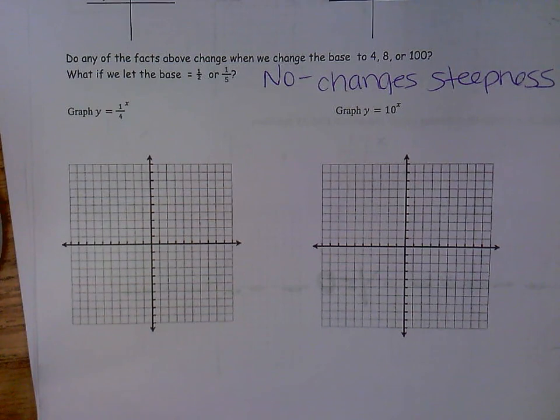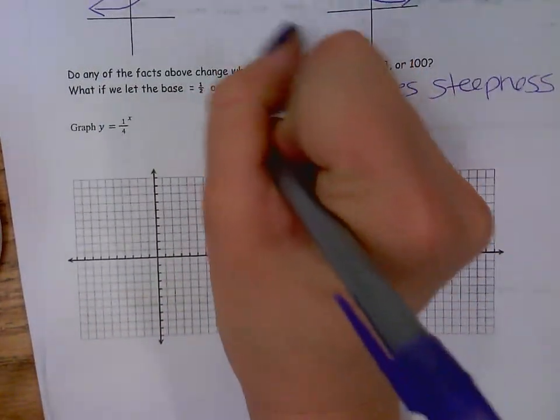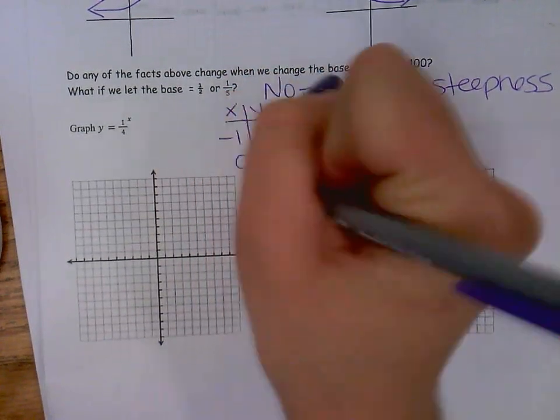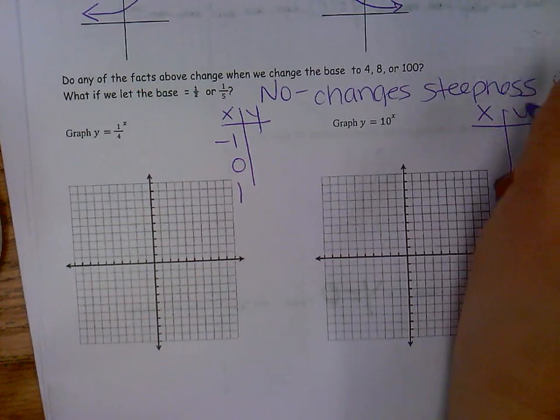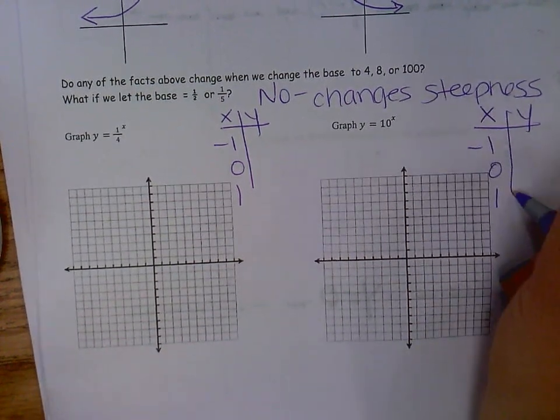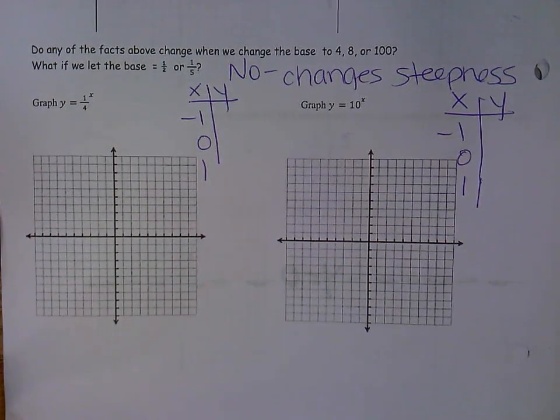So let's think about what the points would be if you had 1/4. See if you can come up with what your points would be. And then same thing, what if you had 10 to the x? Before you graph it, let's make sure the table of values is correct. See if you can do it for yourself, what the table would be, if you plugged in -1, if you plugged in 0, if you plugged in 1.